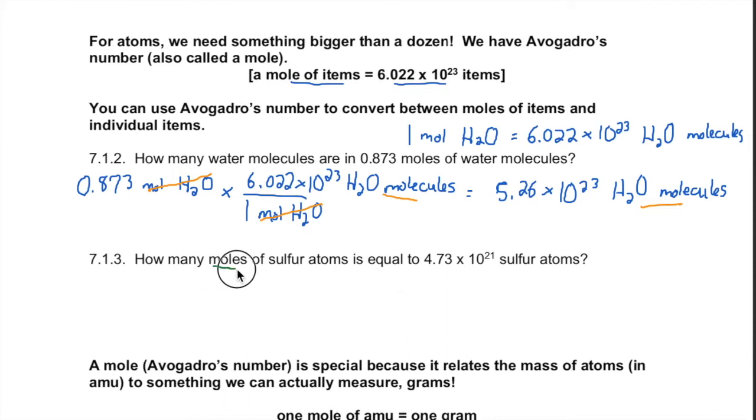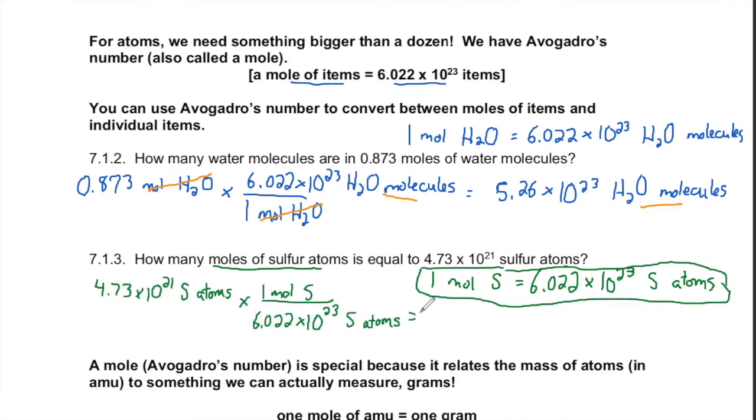So let's try a relationship here. We have moles of sulfur atoms and individual sulfur atoms. So this is our relationship. 1 mole of sulfur is 6.022 times 10 to the 23rd individual sulfur atoms. All right, I set the problem up like this. We're starting with 4.73 times 10 to the 21st individual sulfur atoms.